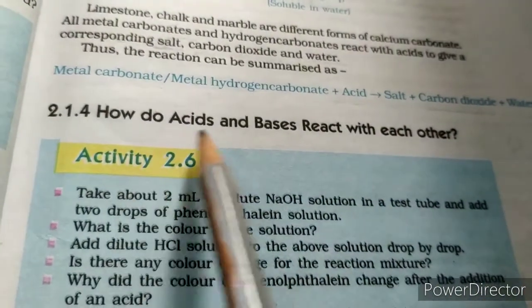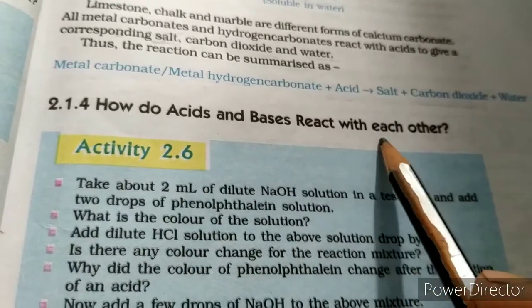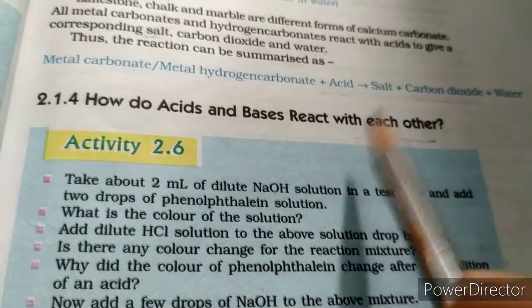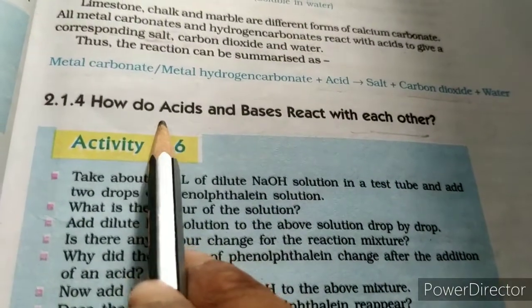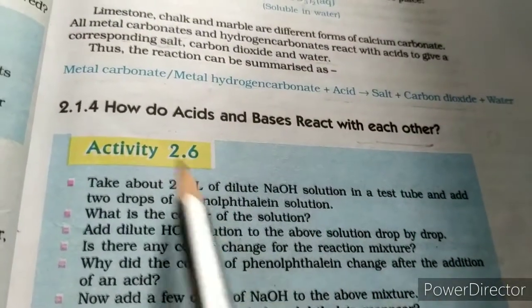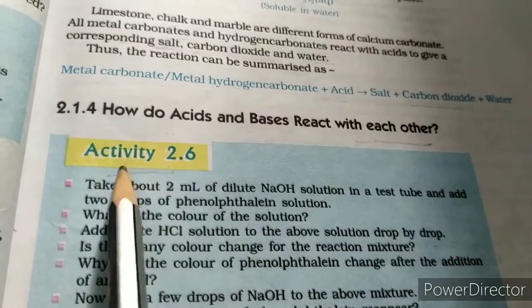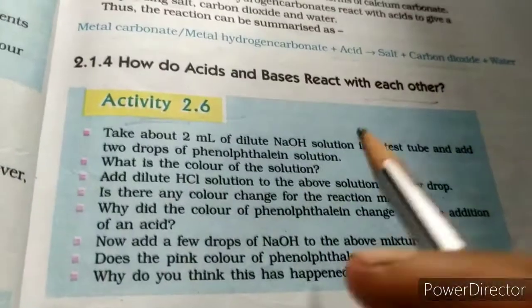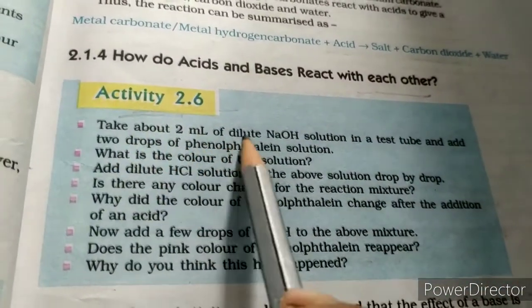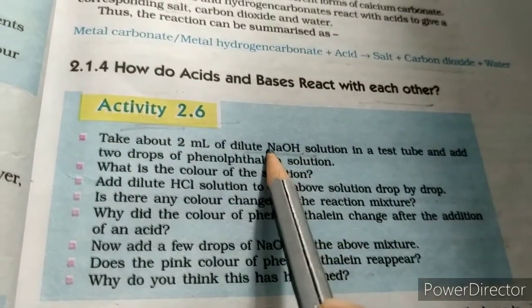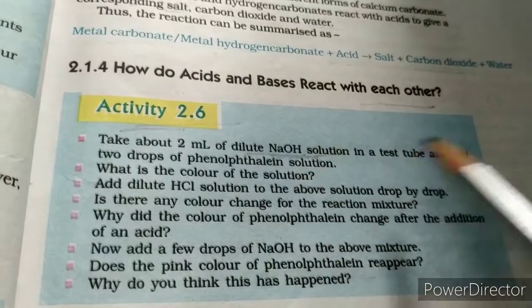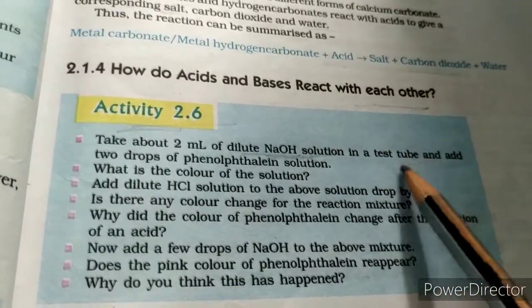Okay, now next, how do acids and bases react with each other? To study this reaction, we have to do activity 2.6. In this activity you have to take 2 ml of dilute sodium hydroxide solution, which is a base, in a test tube or a conical flask.